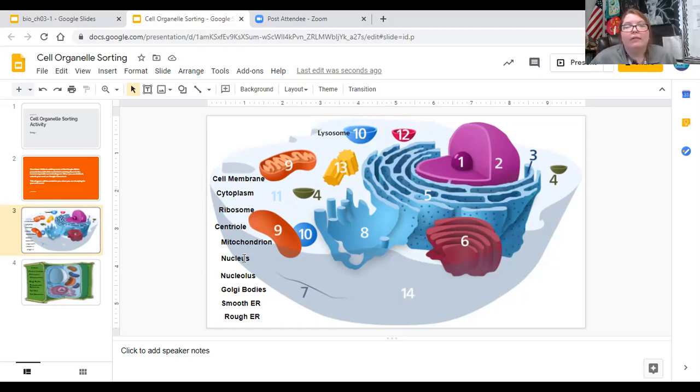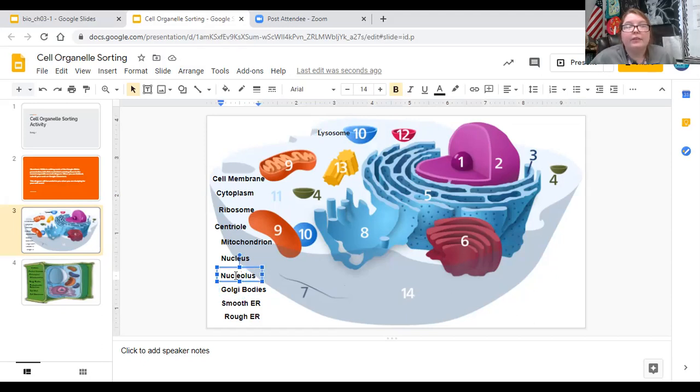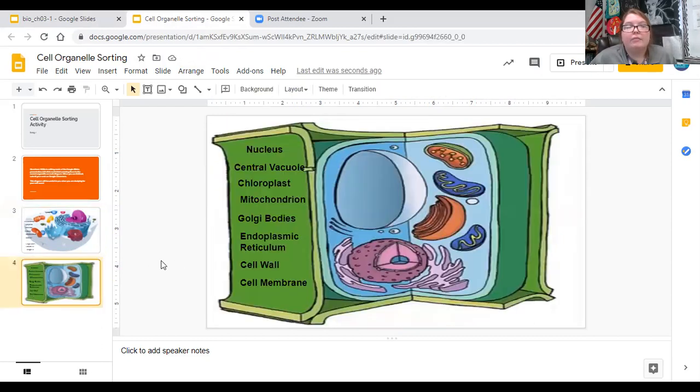We'll do the nucleus or nucleolus, that one's weird. So I left clicked on the word. I got the little 4-way arrow and I'm gonna drag it and put it over where the nucleolus is. Okay? It's gonna work the same exact way down here on the plant cell slide.